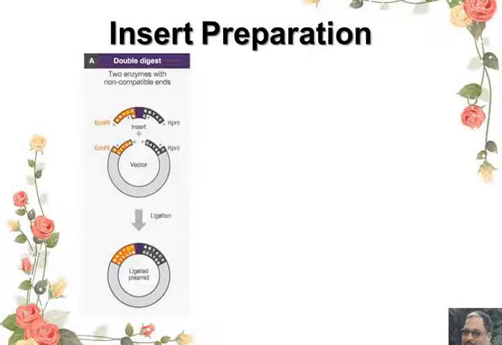Now, one of the most popular strategies is to perform double digest of both the vector and the insert. So there are three types of insert preparation. The first is the double digest using two enzymes. Here the vector also is cleaved in the forward strand by the same enzyme, and the other end is cleaved by the other enzyme.